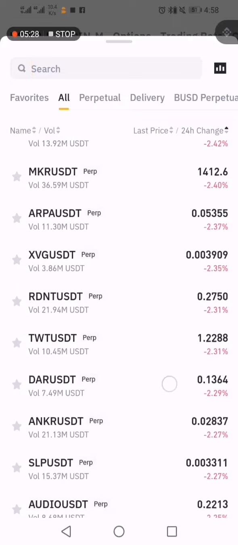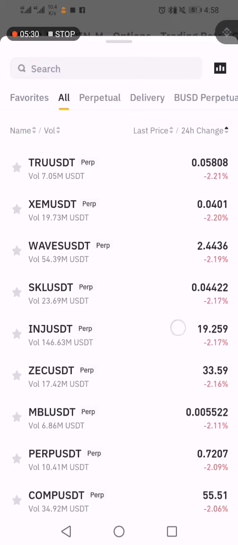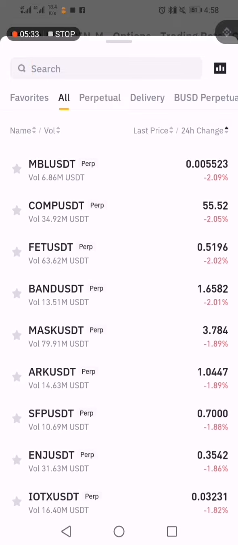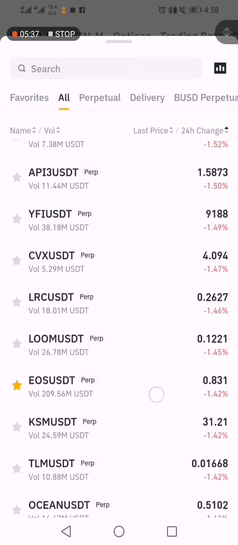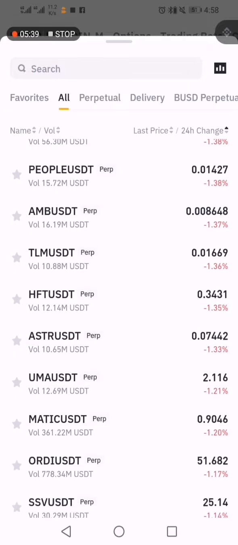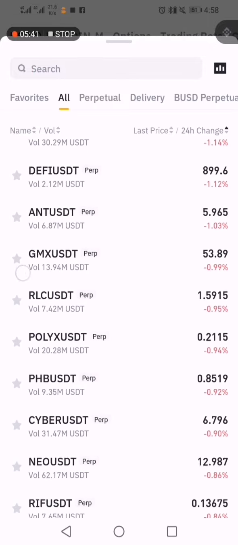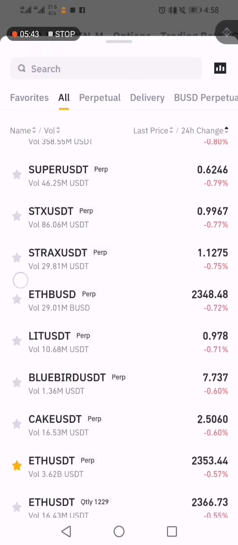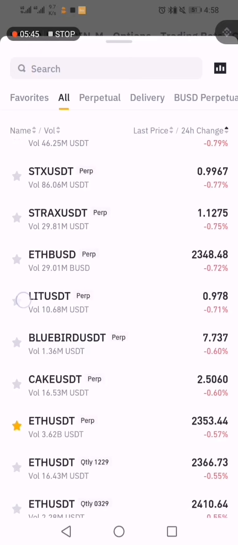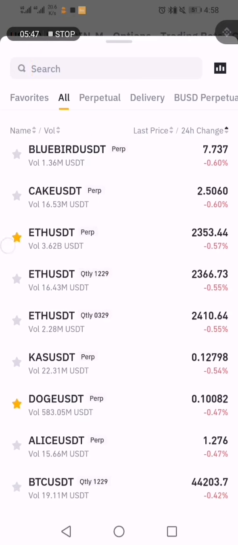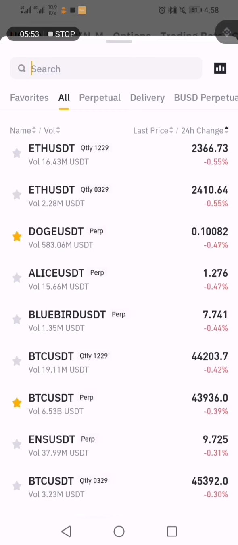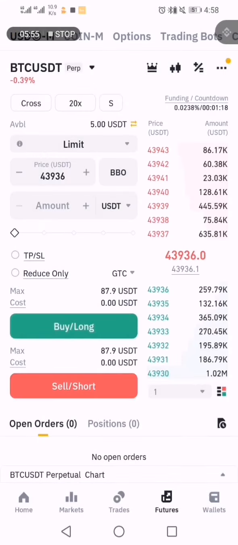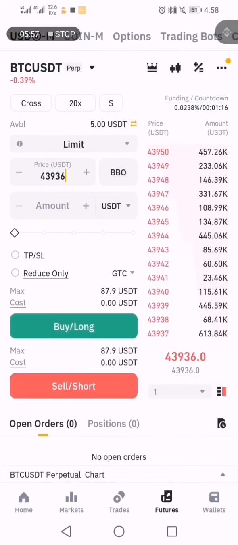Okay, and there we have ETH. Oh, we're getting close. Look at it, BTC USDT. So we have it.